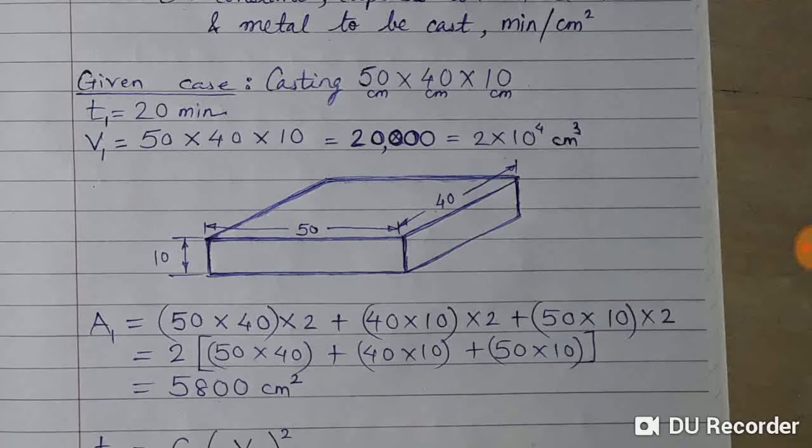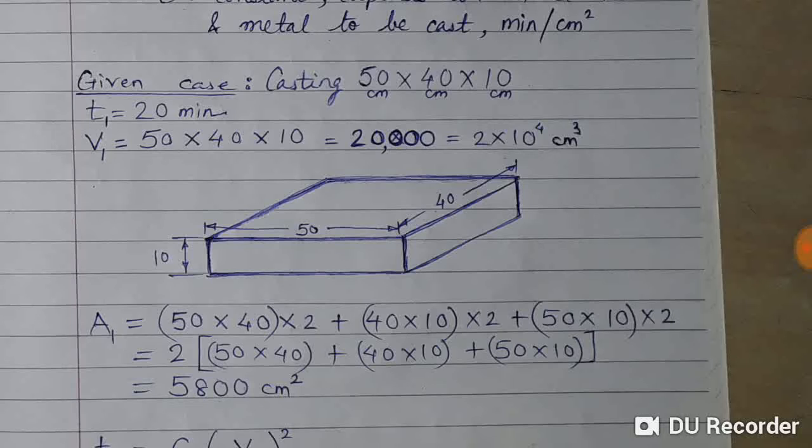Regarding the surface area of the casting, here I have made the diagram, but it is not compulsory to make the diagram in the examination, though you may do so. Here I have made it for explanation purposes. As you can see, the top surface has the dimension 50 and 40, so the area for the top surface is 50 into 40. Similarly, the bottom portion will also have the dimension 50 and 40.